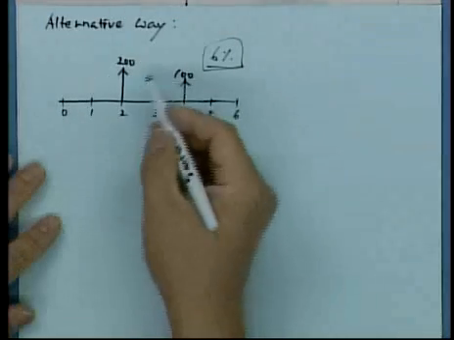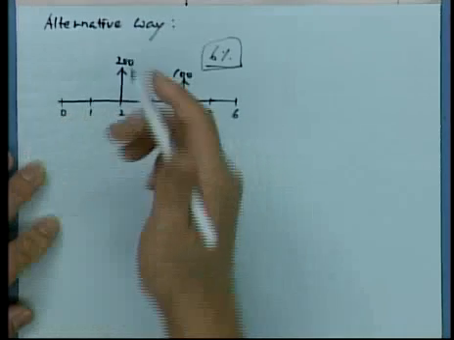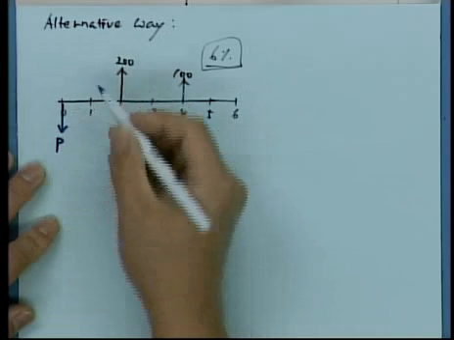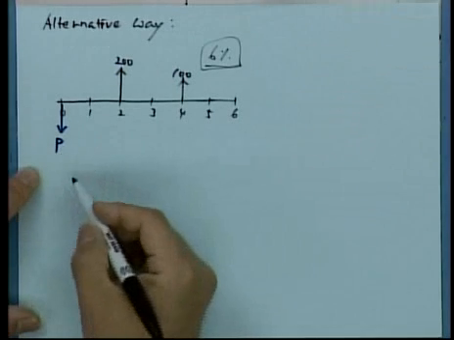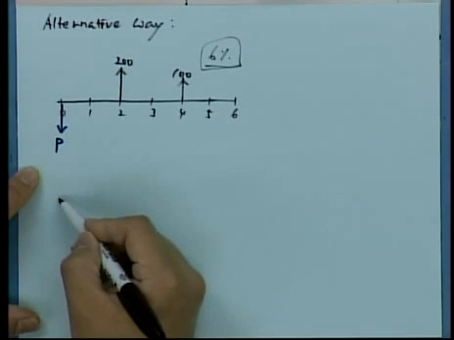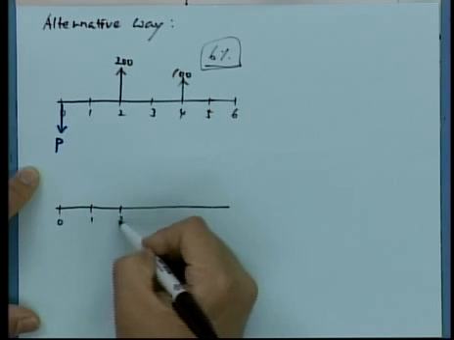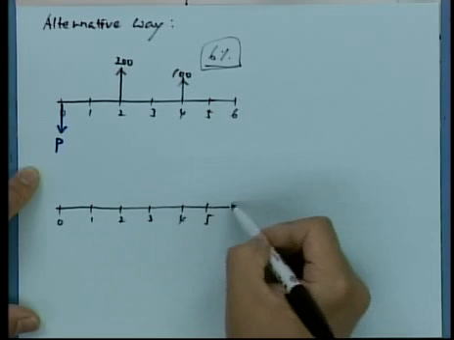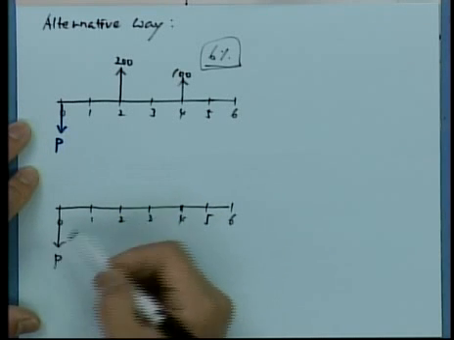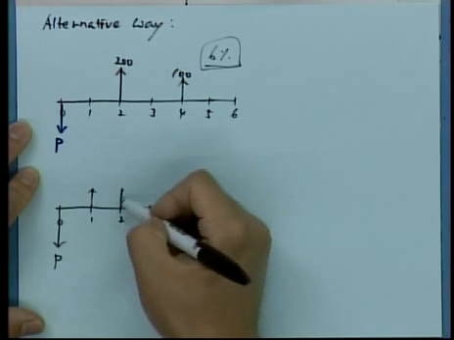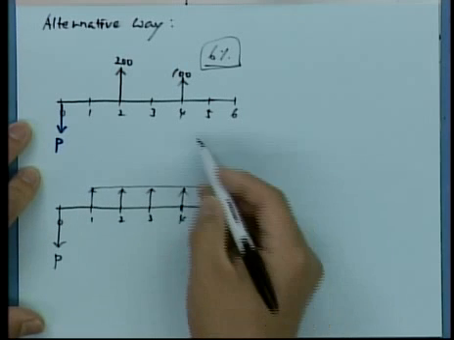So I want to convert these two single payments to the present worth P. Once we get this present sum of money, we can convert it to the equivalent uniform annual benefit.